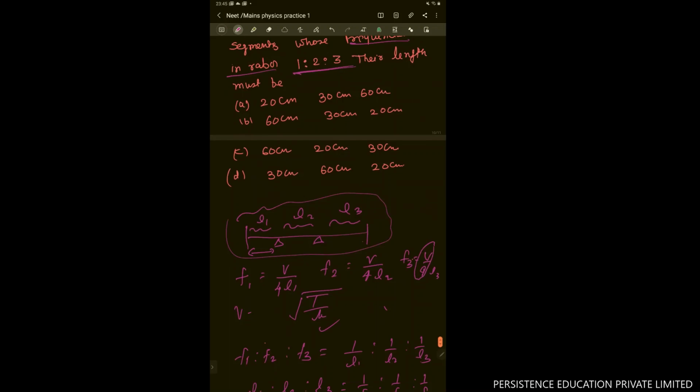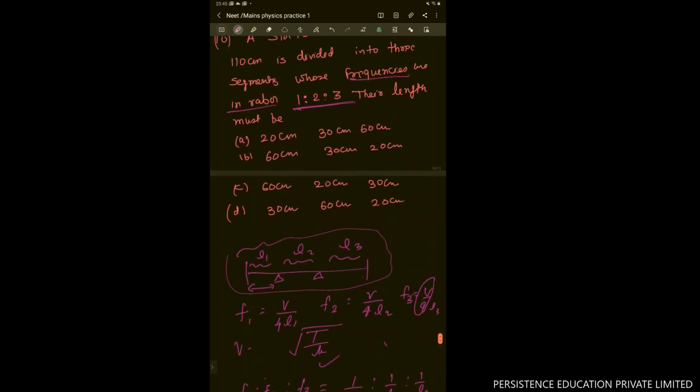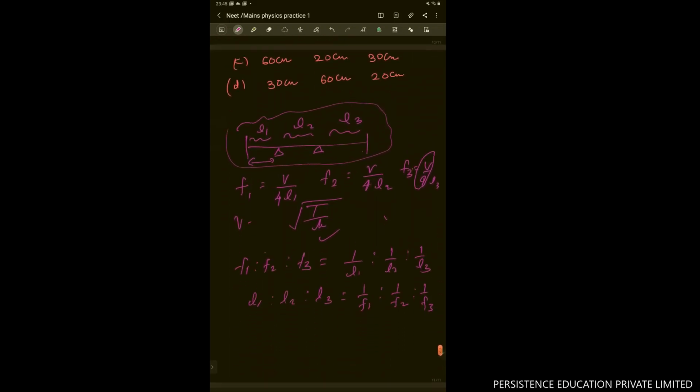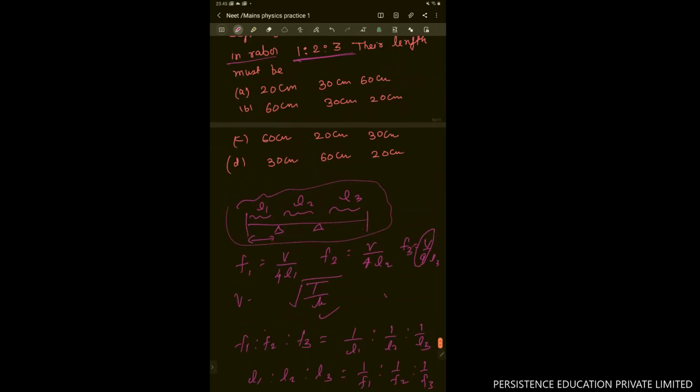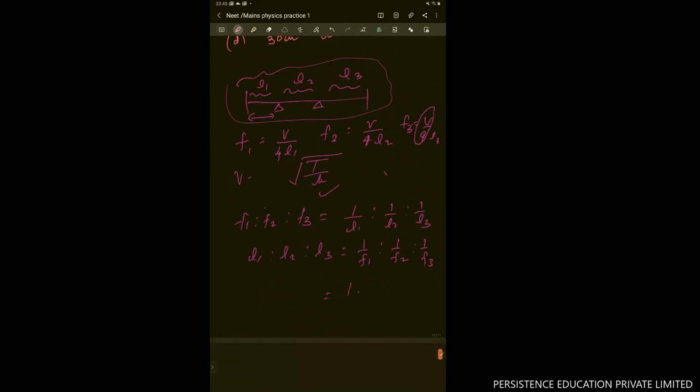So if any question is asking the ratio of the length, it will be the reciprocal of the ratio of the frequency. So it will come as 1 is to 1 by 2 is to 1 by 3. So just take the product of the denominators and multiply in the numerator. So it will come as 6:3:2.